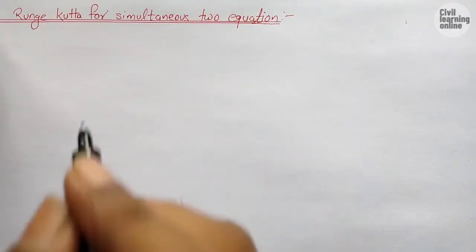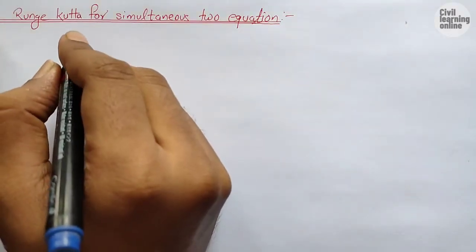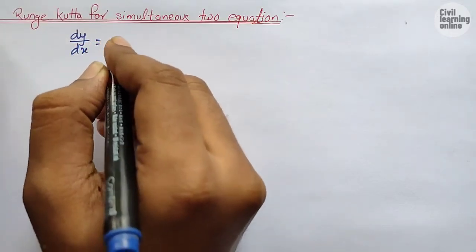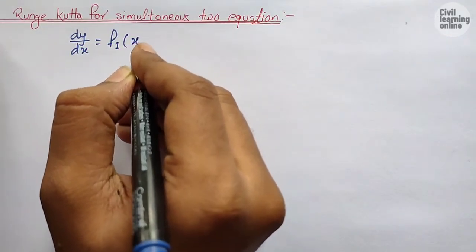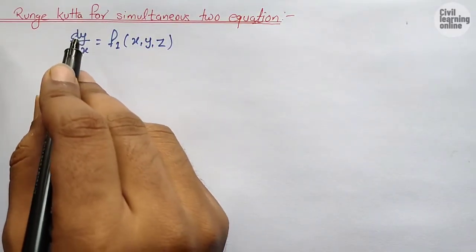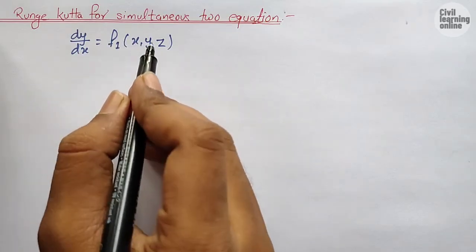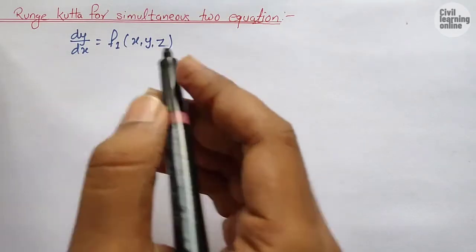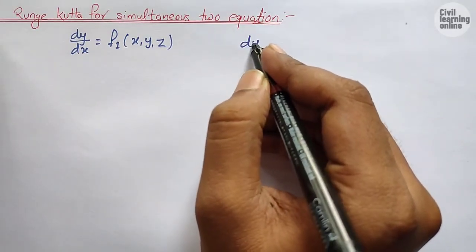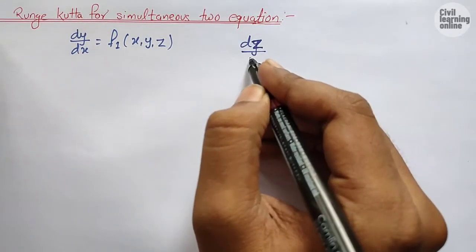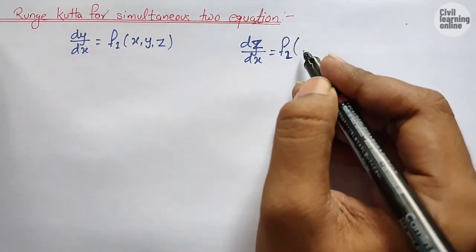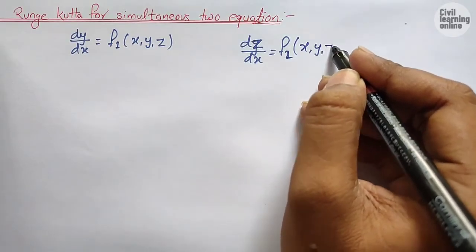So guys, in the question we may be given an equation in the form dy upon dx equals f1 of x, y, z. Means we will be given an equation dy by dx in which we will have three variables x, y and z. Similarly, we will have another equation dz upon dx, and again it will be a function of x, y, z.